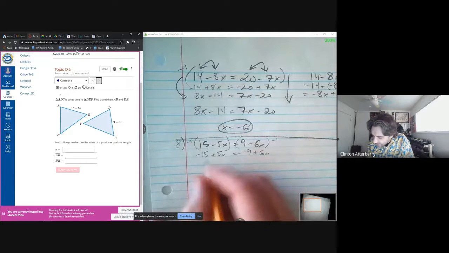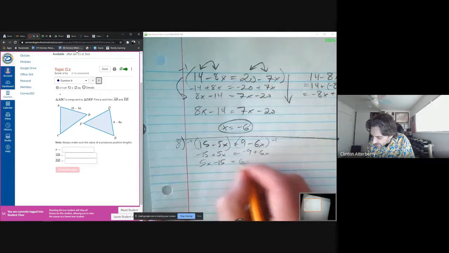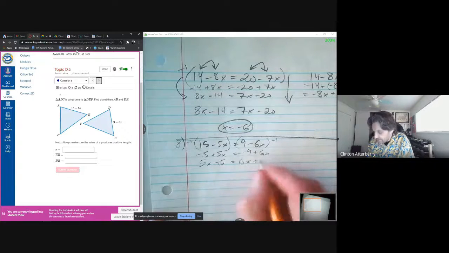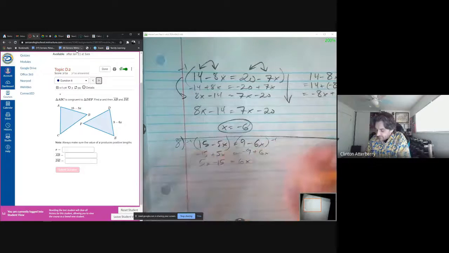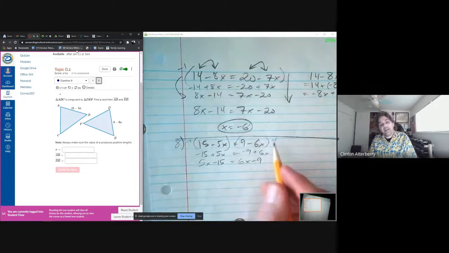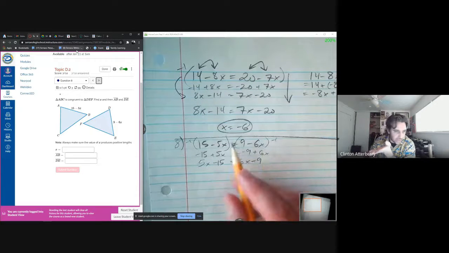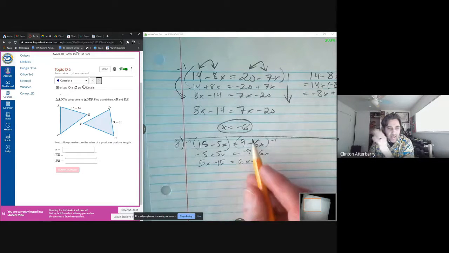I'm going to reorder it so that the 5x minus 15 is going to equal a positive 6x plus minus 9. Okay. So one more time, we did two steps. Okay. The commutative property, that property in algebra that says whatever you multiply to the left side, multiply to the right side. If you do that, it's algebraically legal.